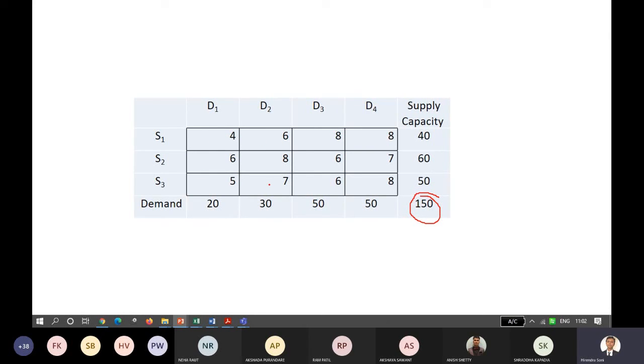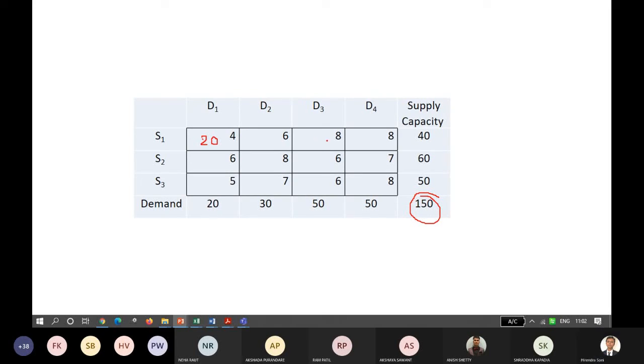Now, the northwest corner rule says that first, in the northwest corner cell, allocate the maximum you can, so please go ahead and allocate. The supply capacity of S1 is 40 and the demand of D1 is 20. So we can make a complete allocation of 20 units here.